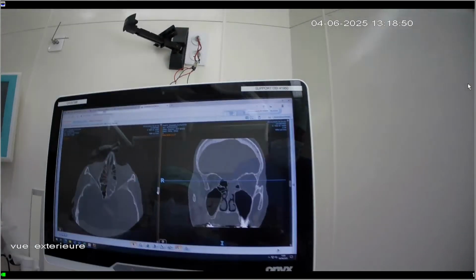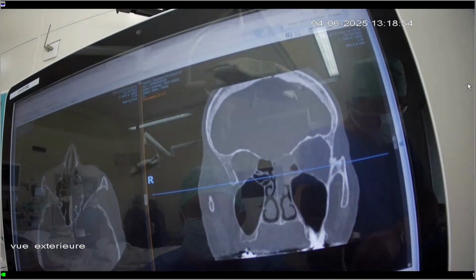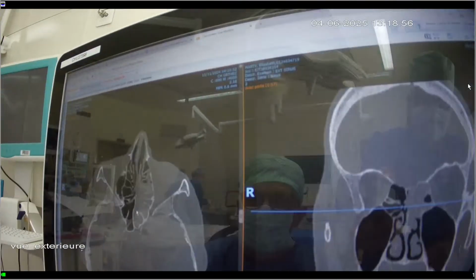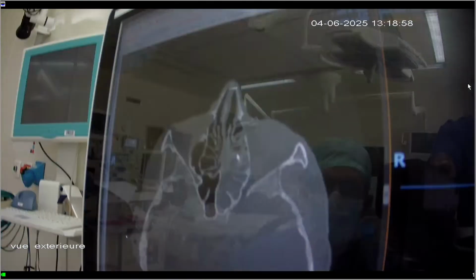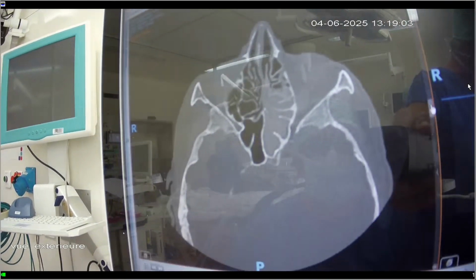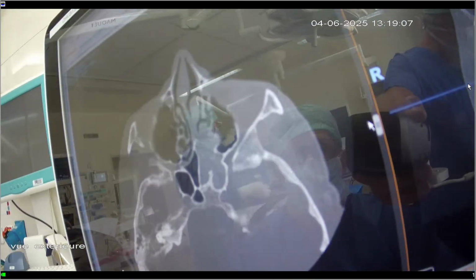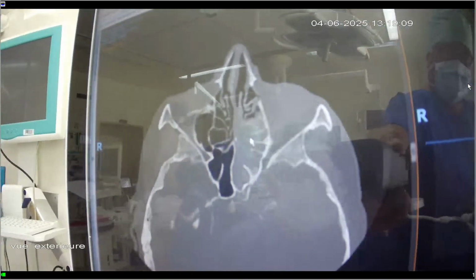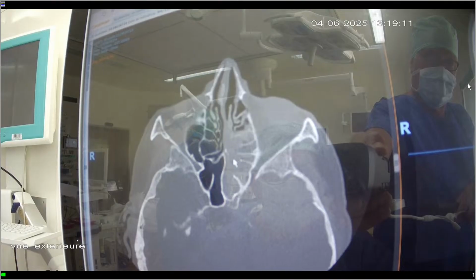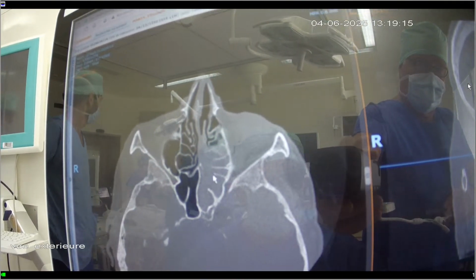Here you can see the CT scan, and on the axial plane you will see that the pathological process concerns the left sphenoid sinus, the posterior ethmoid, and the posterior part of the olfactory cleft, without any bone disease, except the enlargement of the natural ostium of the sphenoid sinus.